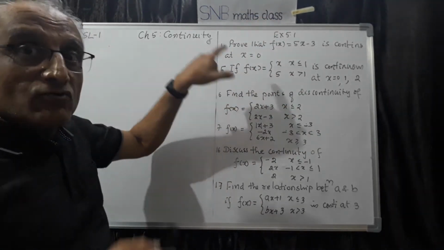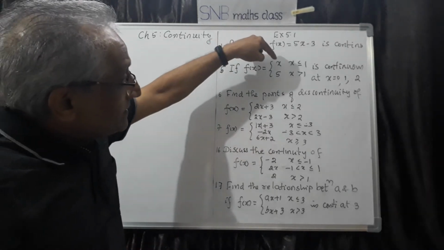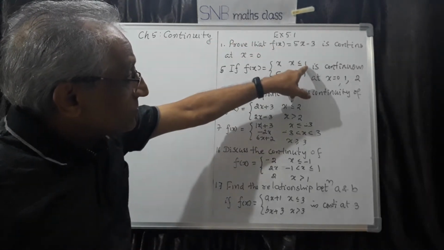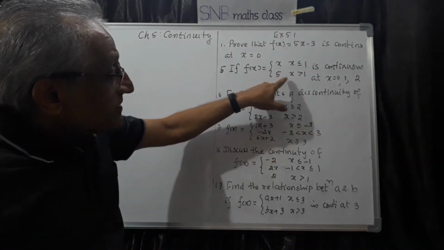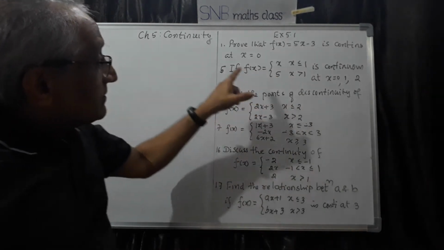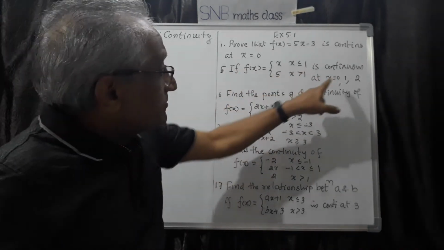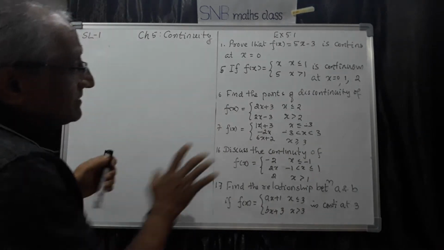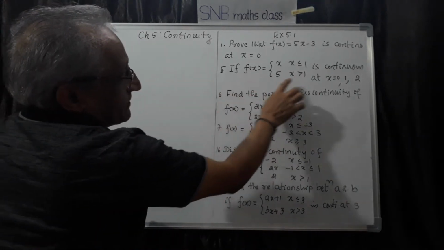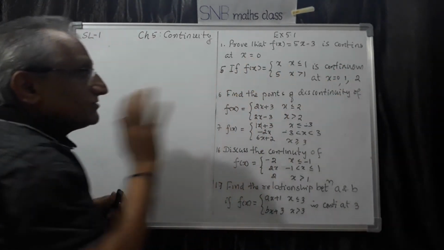This function is a combination of the identity function, for x less than or equal to 1, and a constant function, for x more than 1, equal to 5. And you have to check whether it is continuous at the given point.